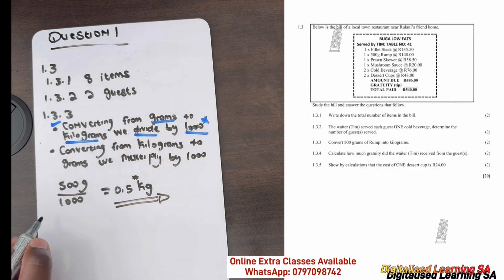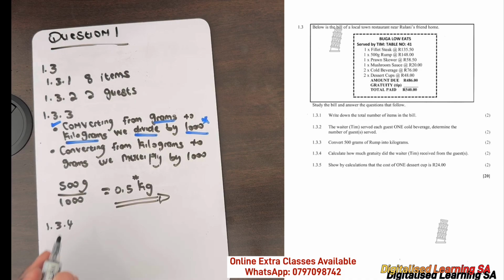So we have question 1.3.4. Question 1.3.4 says calculate how much gratuity the waiter, Tim, received from the guest. By gratuity, they are referring to the tip.